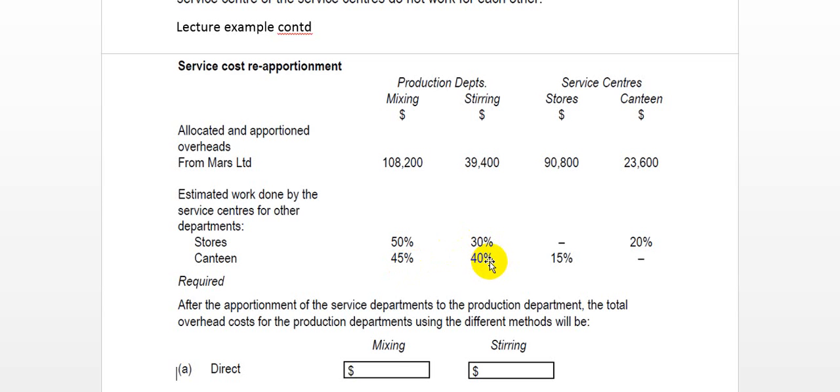Clear? Yeah. So the stores is 90,800. So you're going to calculate 50 divided by 80 times 90,800.